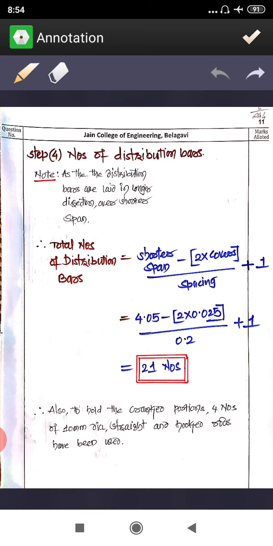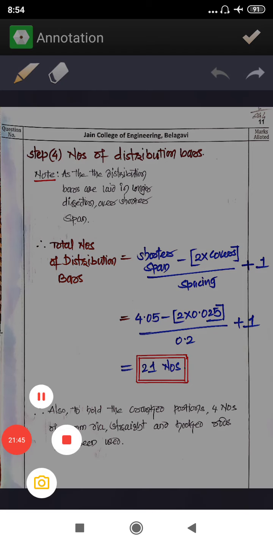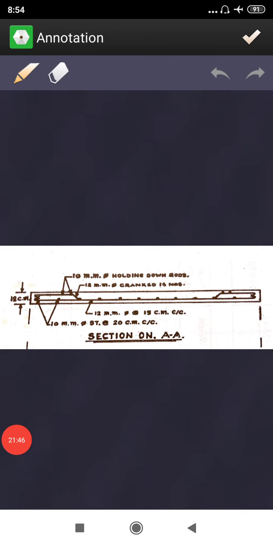Now also two holding bars to hold the cranked bars, 4 numbers of 10 mm dia straight and hooked rods have been used, so those 4 are the holding bars. So now it is 21 plus 4, so separate calculation we are going to do for that. I'll show you where that 21 numbers are going to come and where that 4 numbers are going to come. Now if you see this, all those 21 numbers are going to be laid here.